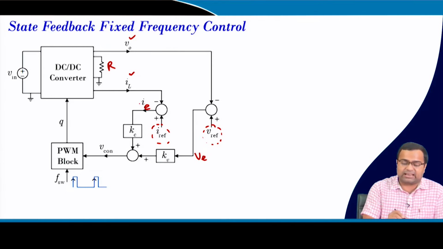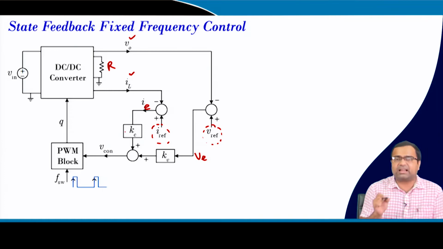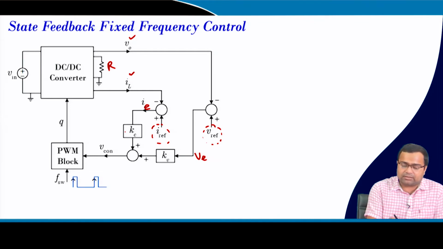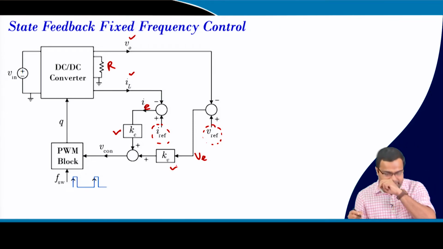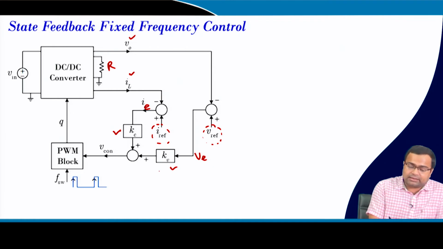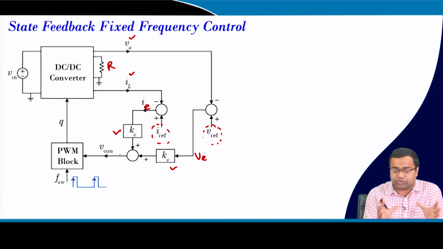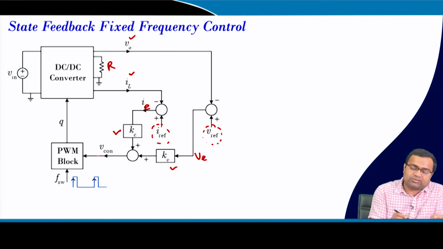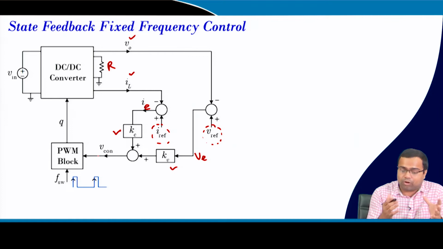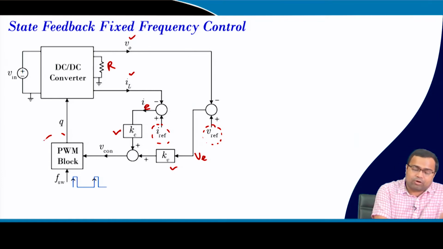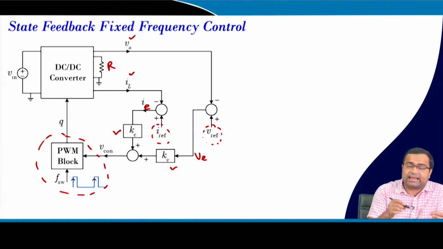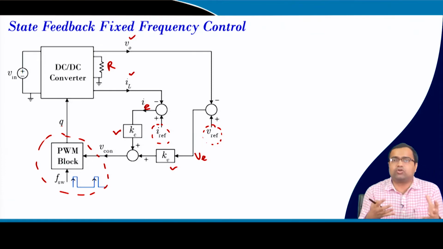Then the error current and the error voltage are multiplied by their respective gains. In case of current feedback error, we multiply with the current loop gain, and for voltage feedback we multiply with a voltage feedback gain. Then the total sum of this is the control voltage or equivalent control voltage, which goes into a pulse width modulation block, and the job of this PWM block is to generate a gate signal Q using the control voltage.